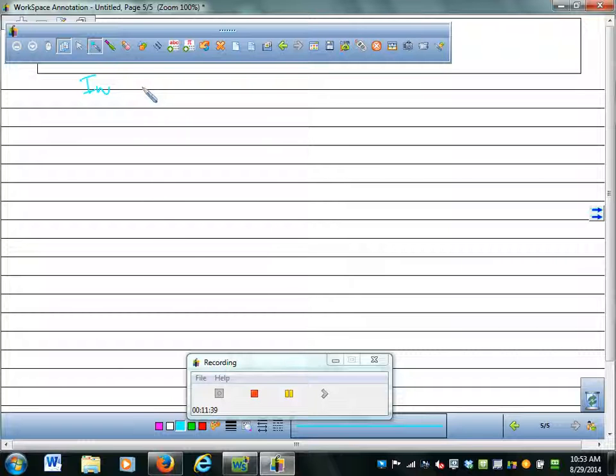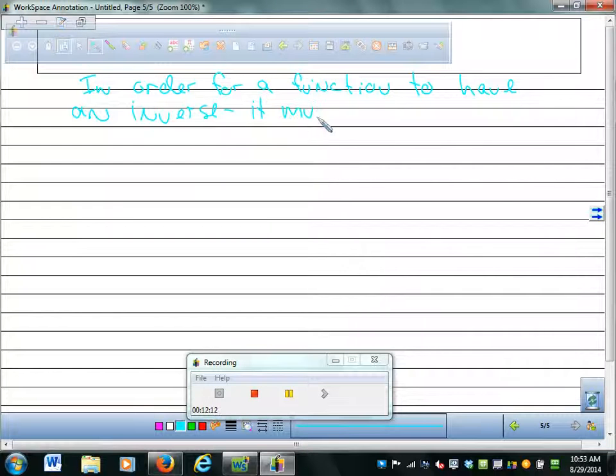Okay. In order for a function to have an inverse, it must be 1 to 1.